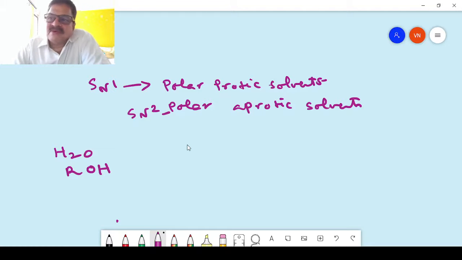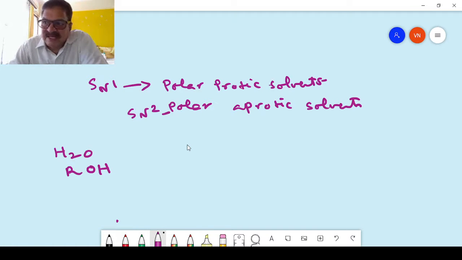Polar aprotic solvents exhibit dipole-dipole interactions only, but not hydrogen bonding, as we have seen. As a result, they do not solvate the anions formed. This has a pronounced effect on the nucleophilicity of the anionic nucleophiles.